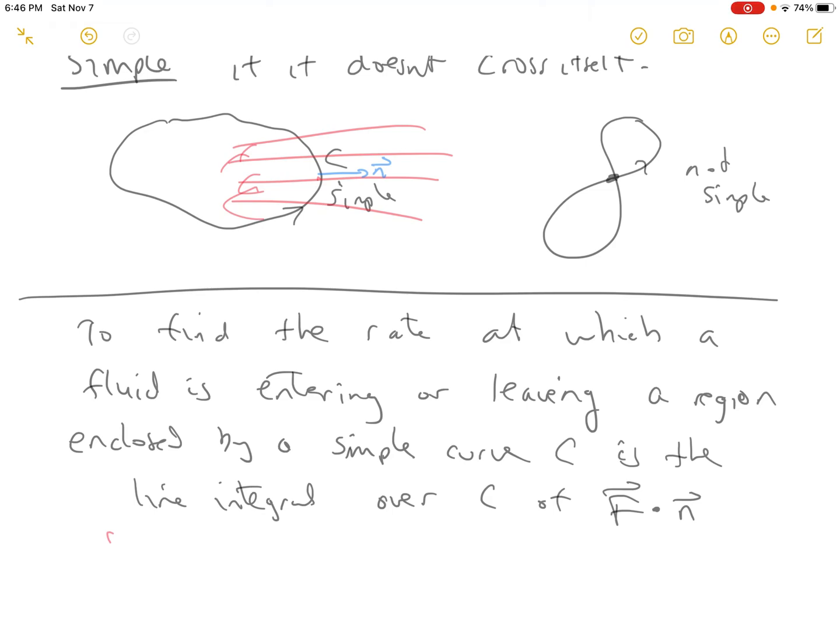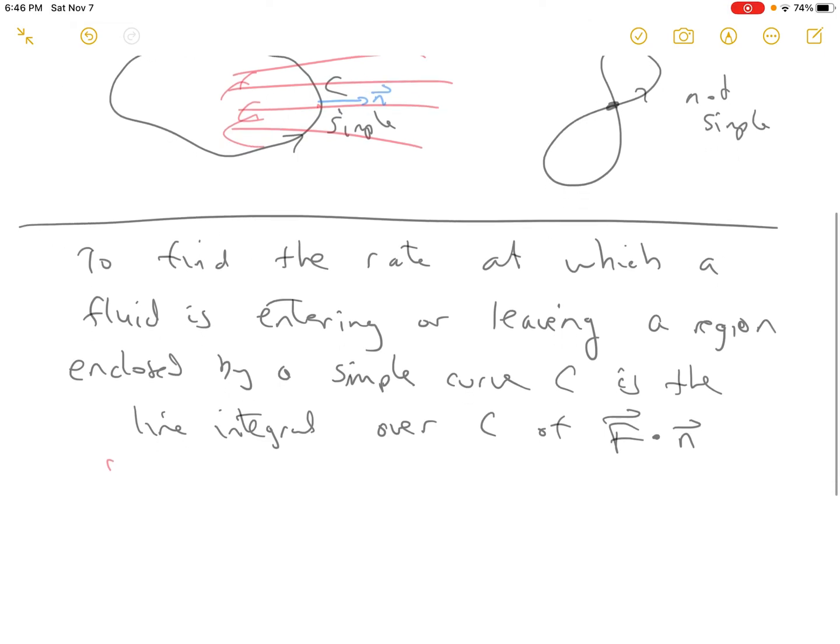And n is always pointing outward. And so this is how you measure flux. It's the integral over C of f dot n ds. And the direction in which we travel around the curve is important.